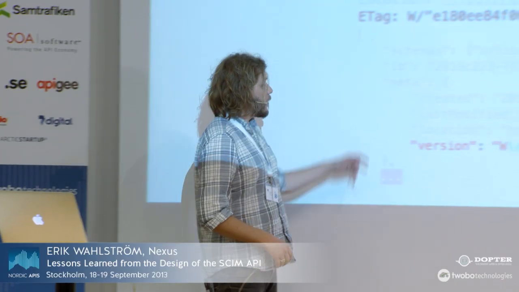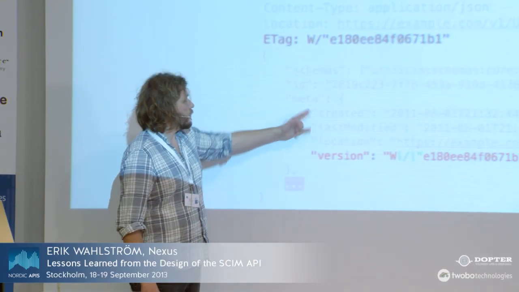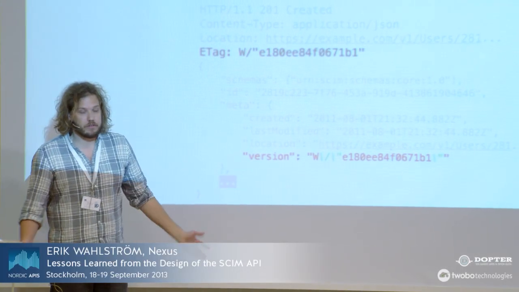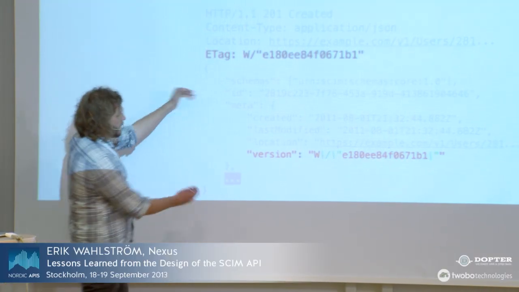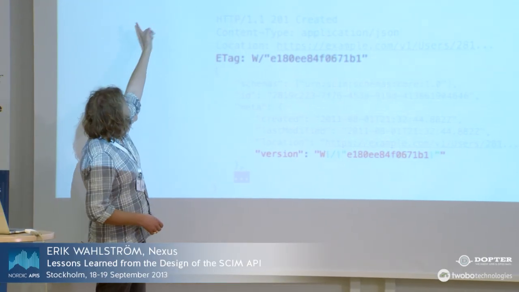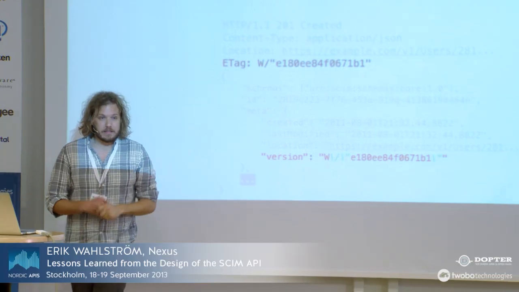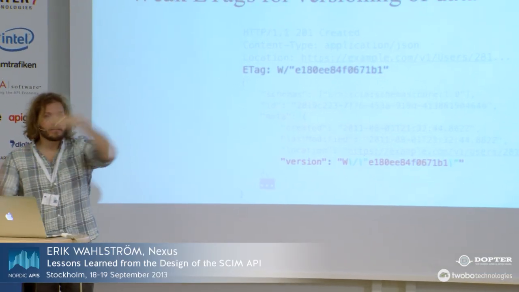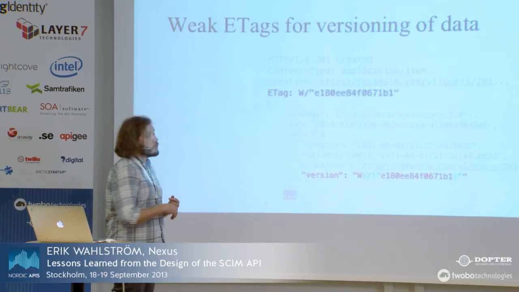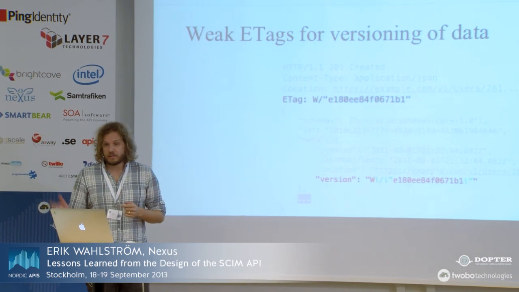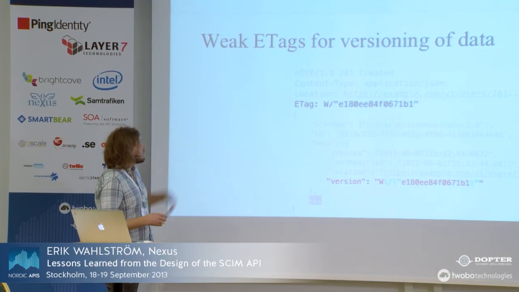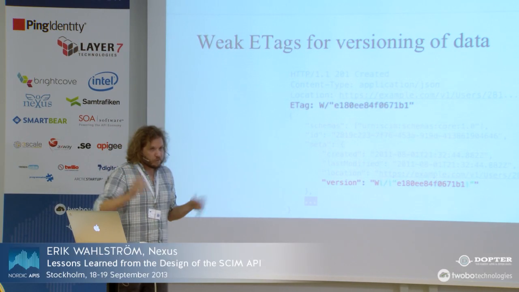But what actually might have happened is that two different attributes changed place. Your unit test didn't find that, and the data is still the same, but the etag would have changed. So that's why we use something called weak etags. It is still the same data. All your other systems don't have to get new versions of the data, because it's the same data, just formatted differently.